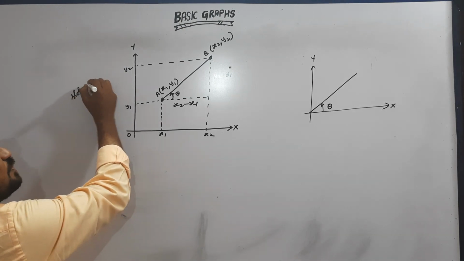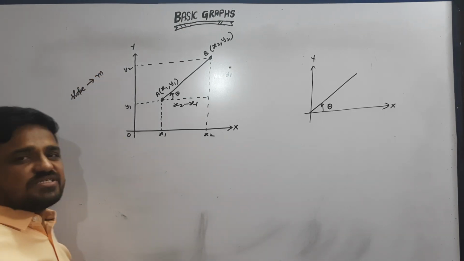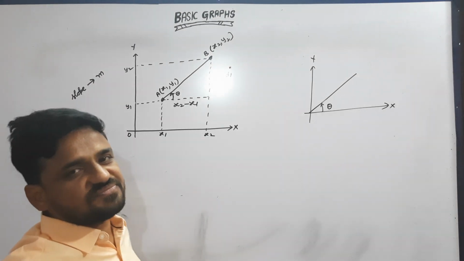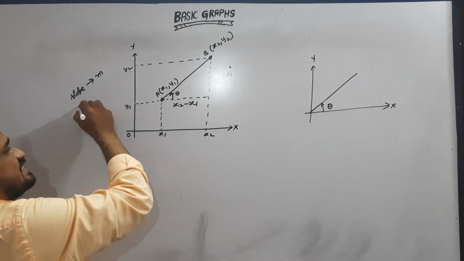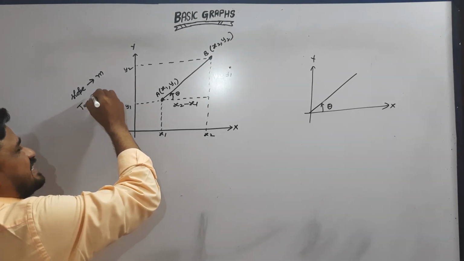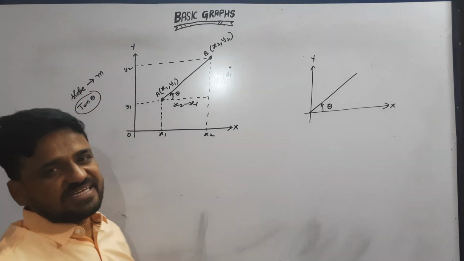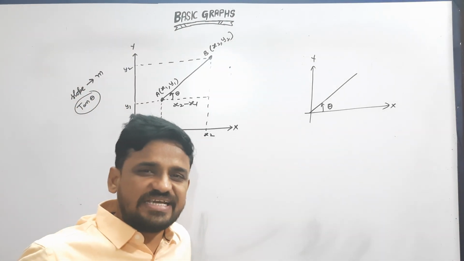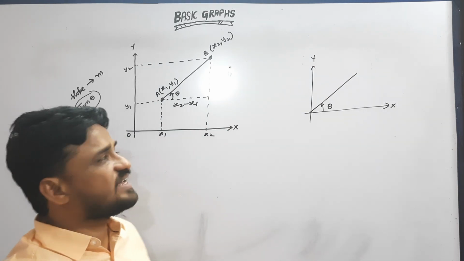Generally, slope is denoted by the symbol small m. Slope is determined by using tan theta; it is measured by using the tangent of that angle.